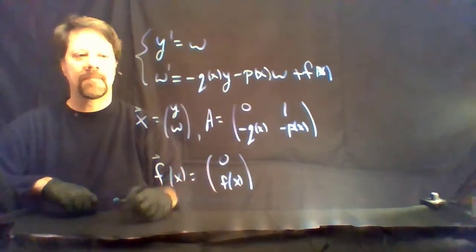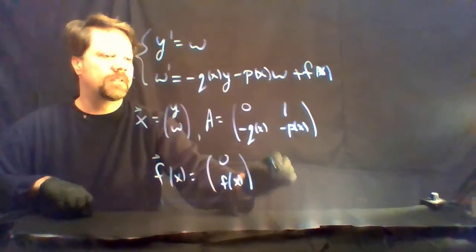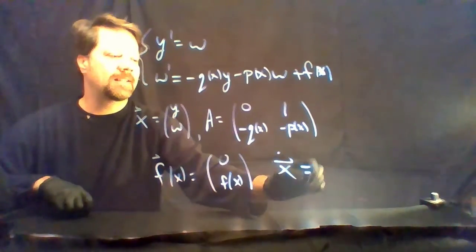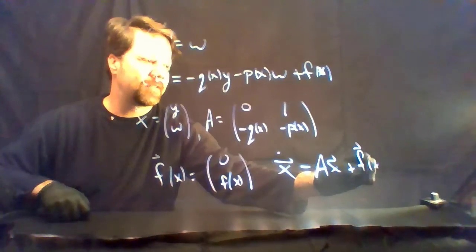So we have a linear system that is expressible in the form x dot equals Ax plus f.